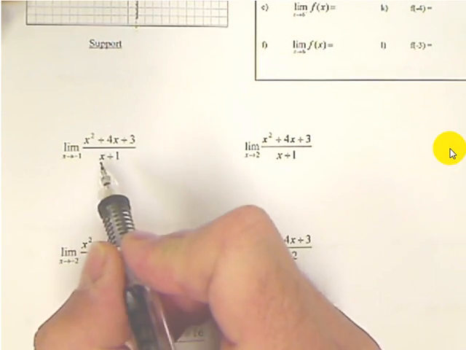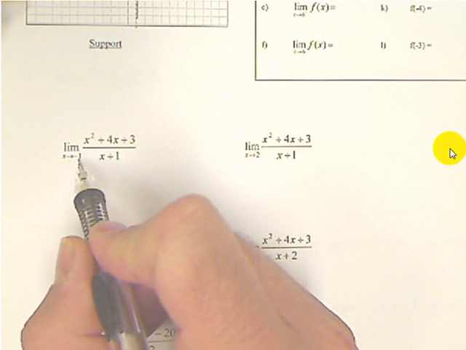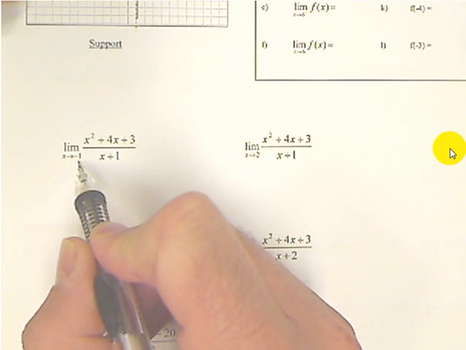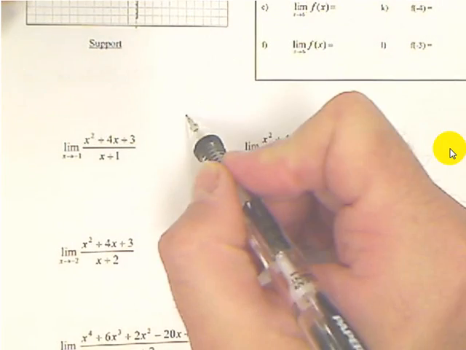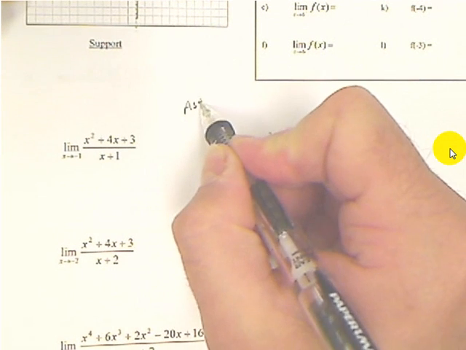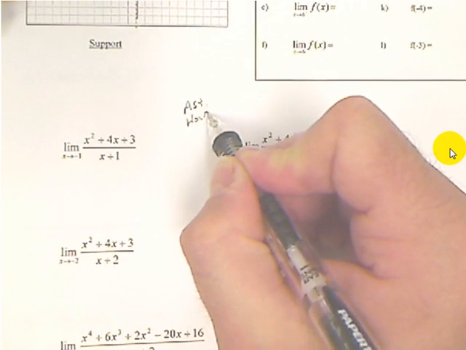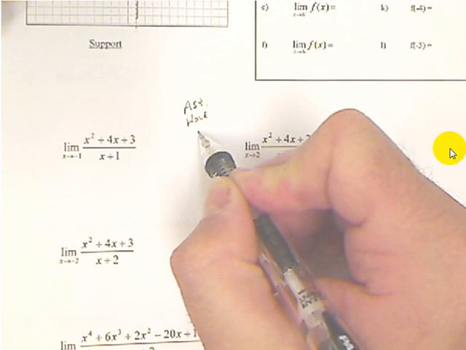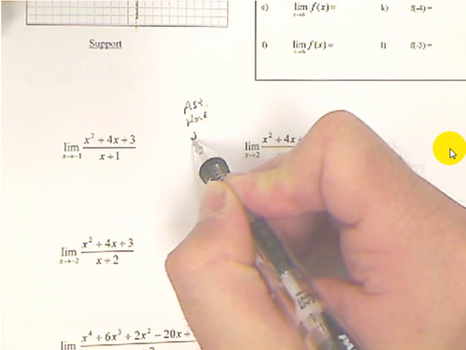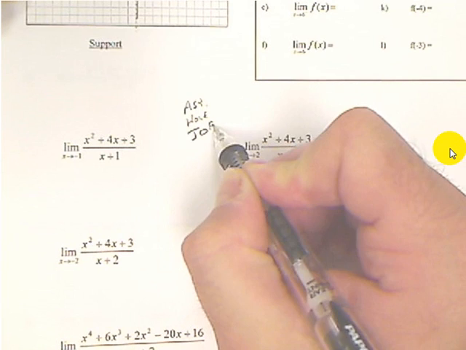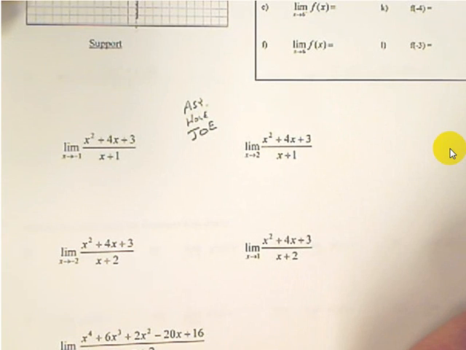So basically, when you're asked to find the limit at a number, it's going to be one of 3 scenarios. It's either going to be an asymptote at that location, a hole at that location, or an ordinary point. Let's just call it an ordinary Joe. I don't have a clever name for that.